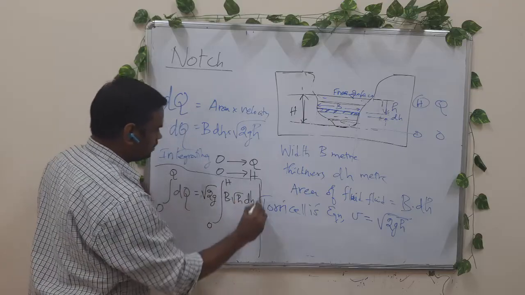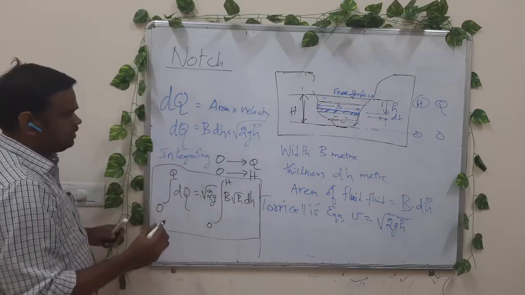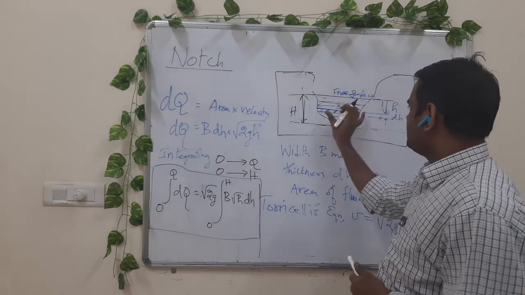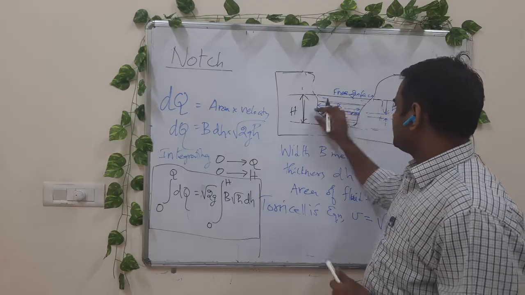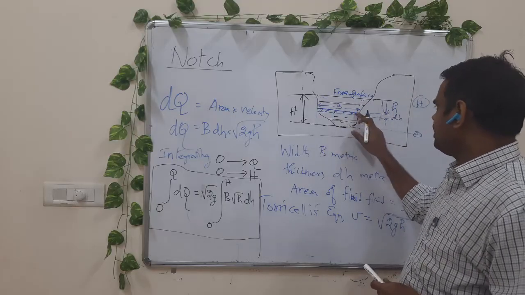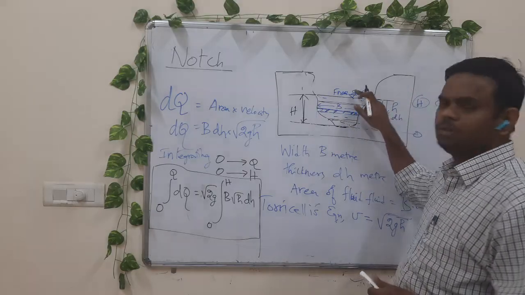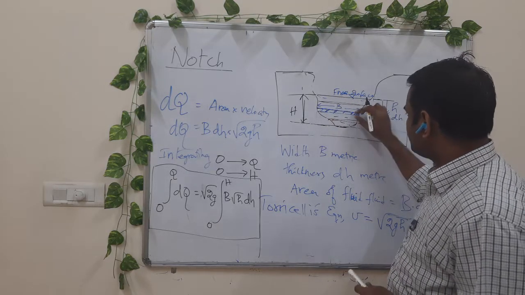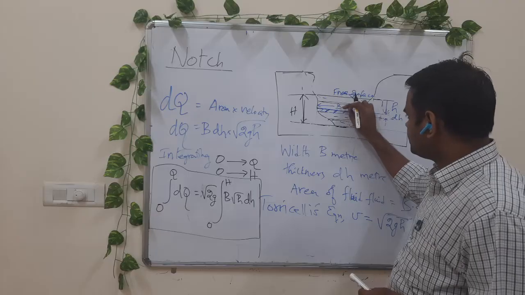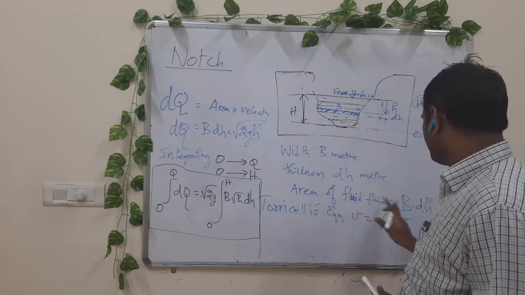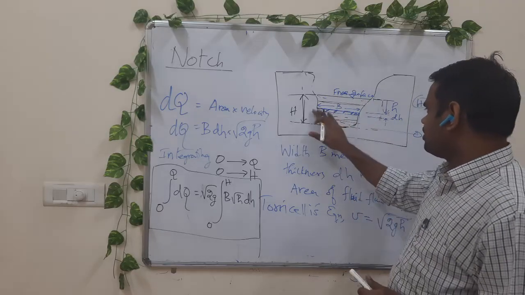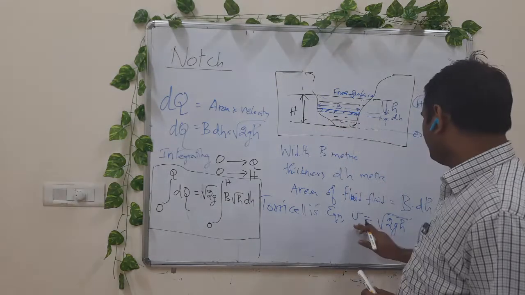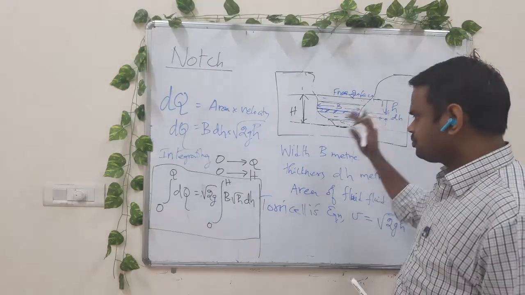So before integration, we have an expression for discharge through a notch of any dissimilar shape. We consider a small strip of width b at a depth of h from the free surface, with thickness dh, so the area of fluid flow through the strip is b into dh. From Torricelli's equation, velocity is v equal to square root of 2gh.